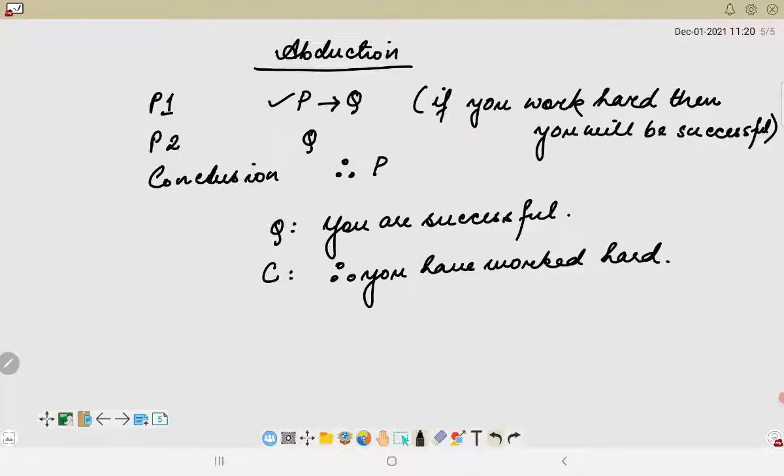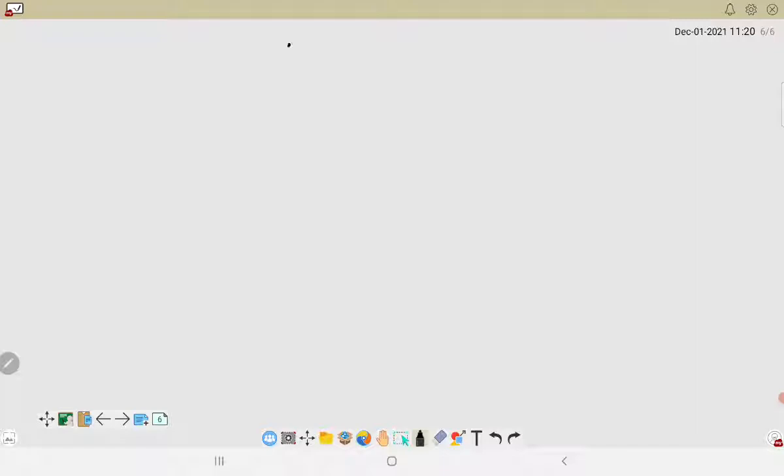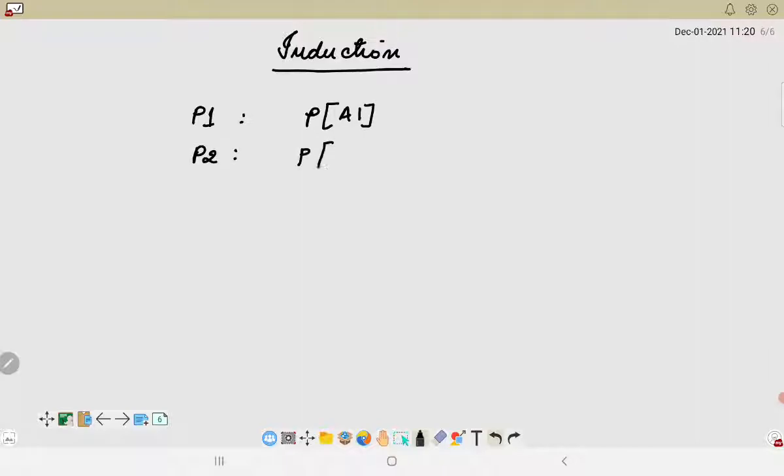The next one is induction. In practical life, if we find a statement to be true for a number of cases, we also assume that it is true in general. Okay, so this is expressed by the inductive rule of inference. Premise 1 says P of A1 is true, premise 2 says P of A2 is true, up to premise K, P of AK, which is also true.